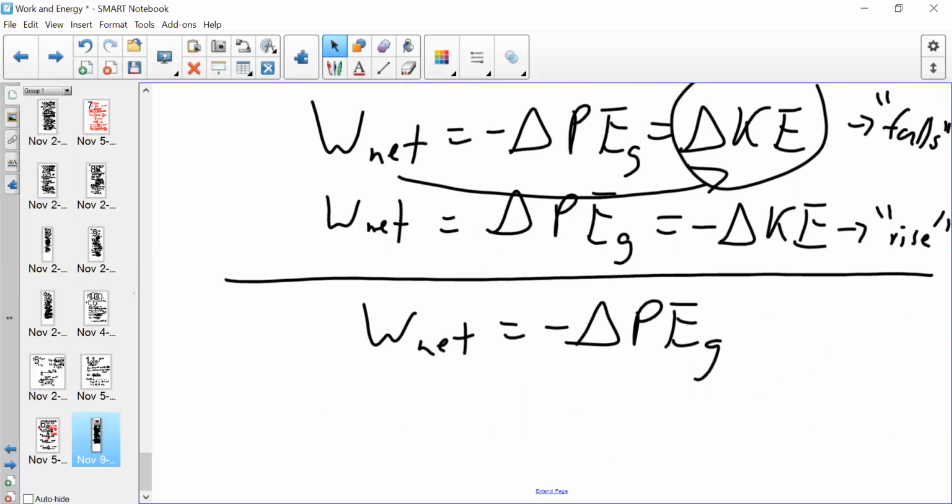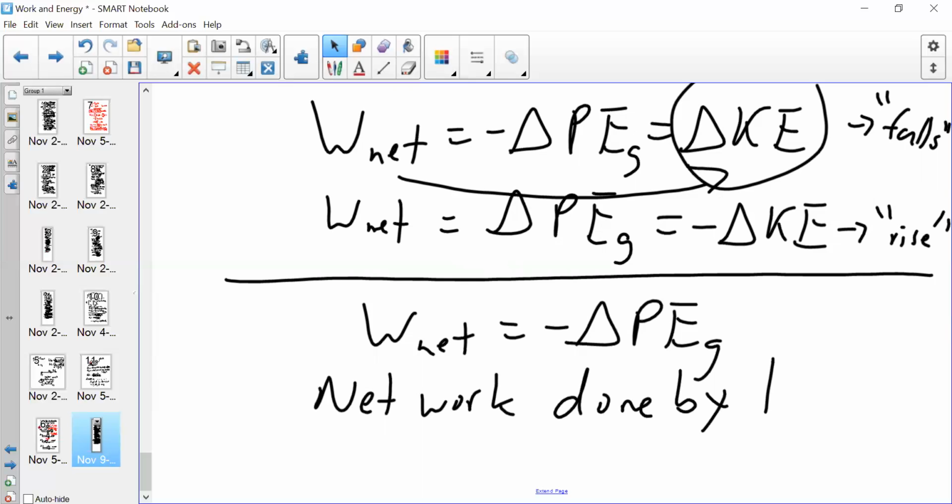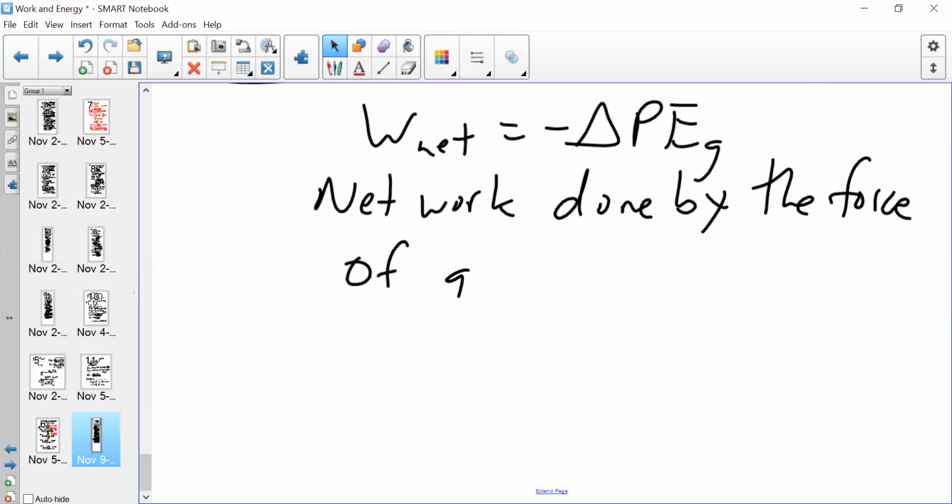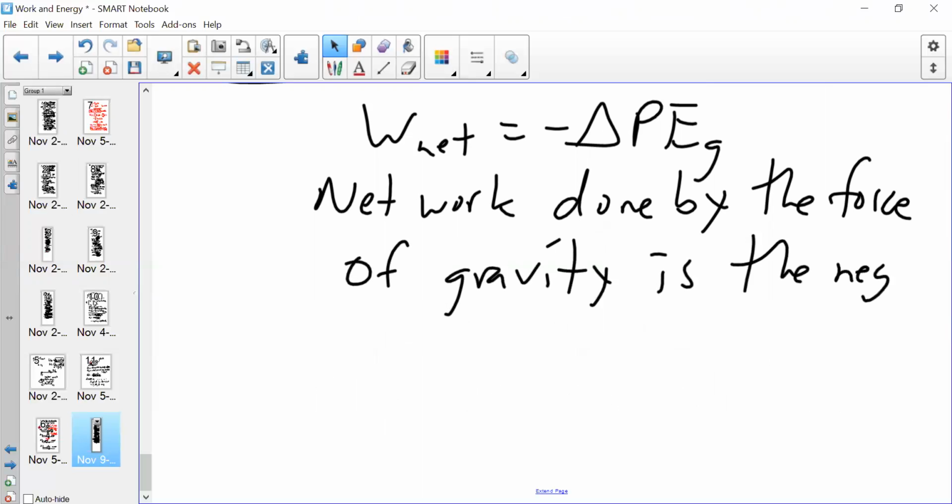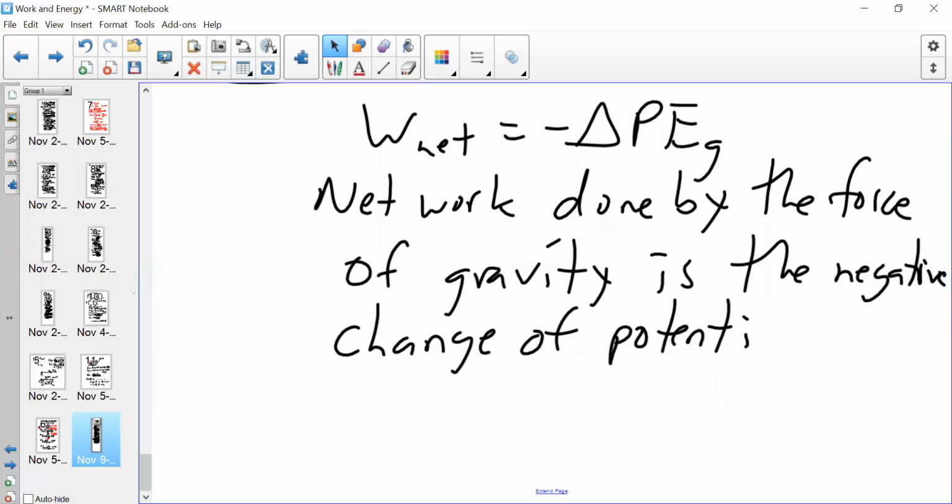Or, net work done by the force of gravity is the negative of the change in potential energy. And do you see that? Yeah, it's clear now. All right.